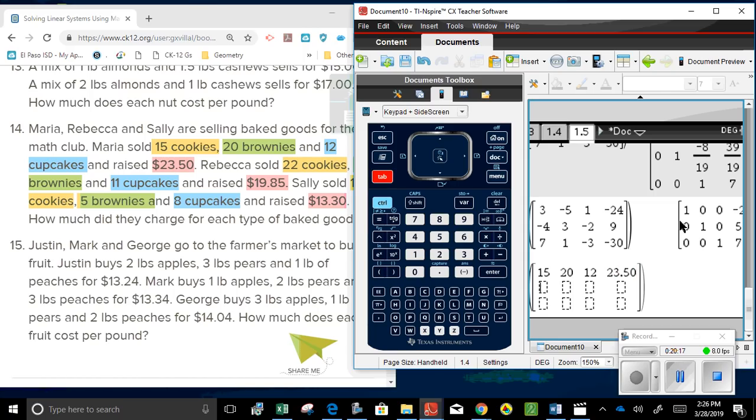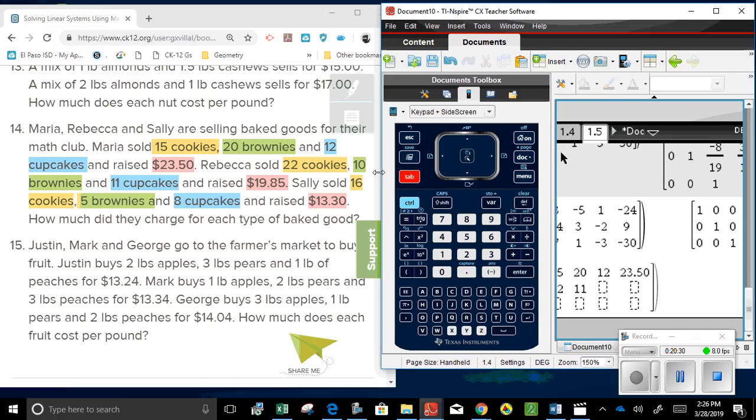Then the next person, they did 22, not 11, I lied to you, it was 10, and 11 cupcakes for 19.85.